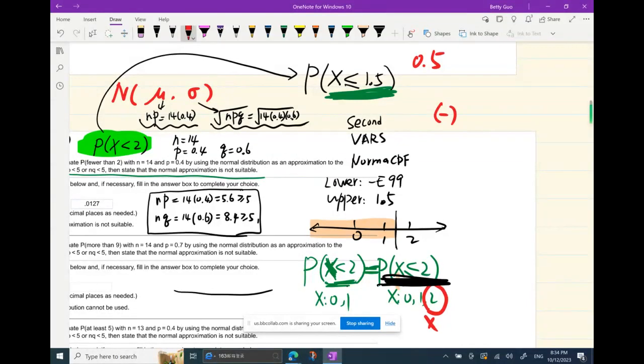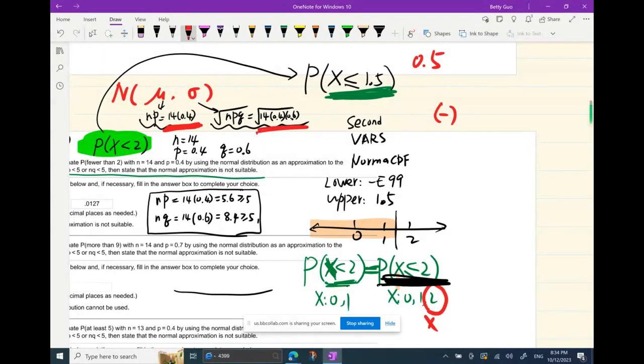And your upper bound, very, very important. We are learning how to adjust the continuity, right? From discrete to continuous. How do we apply this continuity correction? So your upper bound is not 2. Your upper bound is 1.5 because here it is strictly less than 2. And then your mu, enter 14 times 0.4.